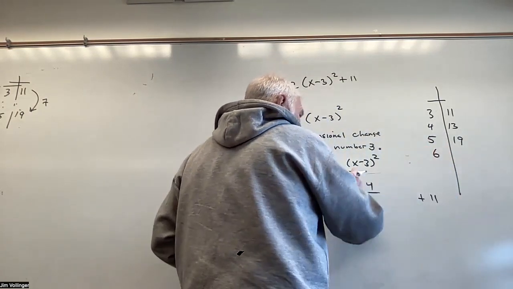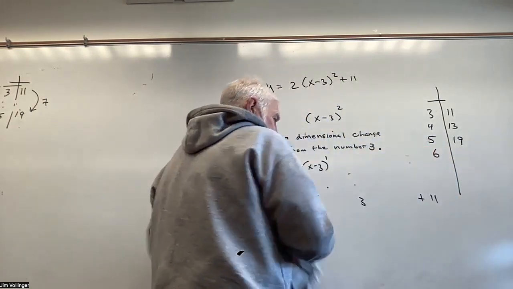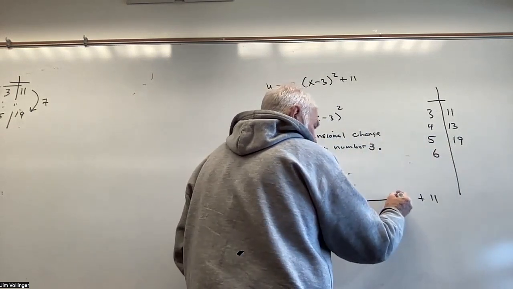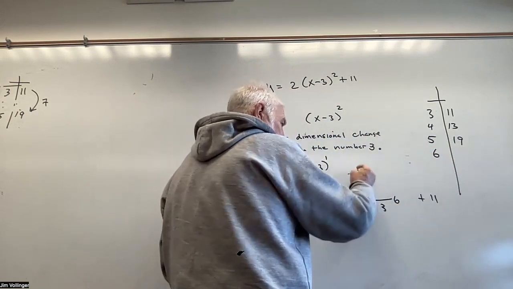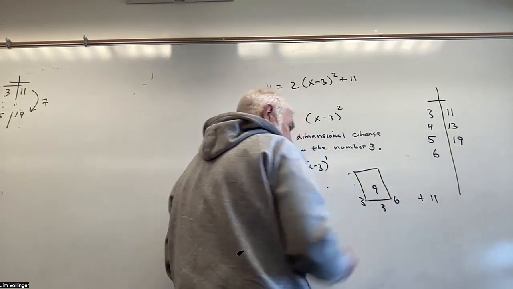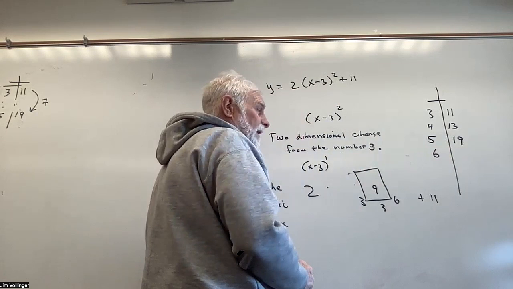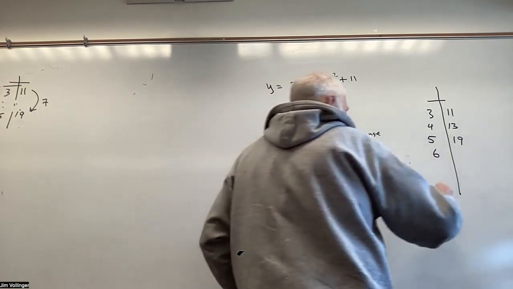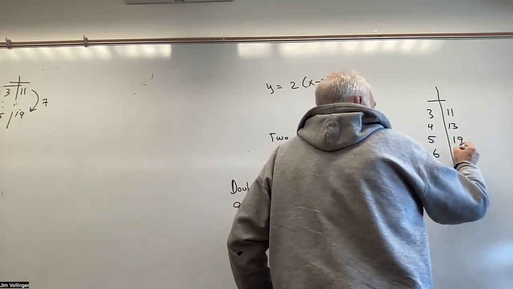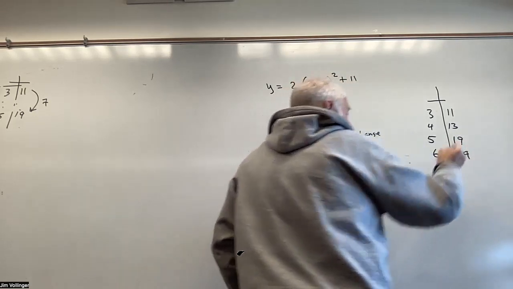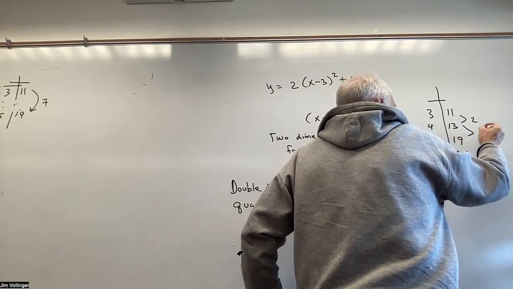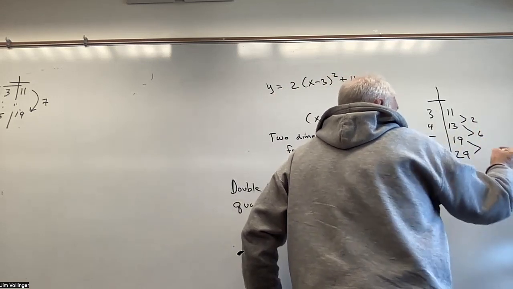All right, and what happens if we go to 6? Well, new picture. 6 from 3 to 6 is 3 linear units of change, but the quadratic is now 9. And if I double the 9, I get 18, and 18 plus 11 is 29. I'm starting to see some, this changed by 2, that changed by 6, that changed by 10.